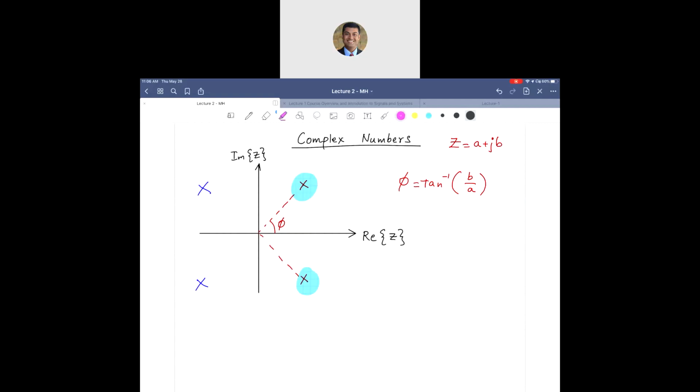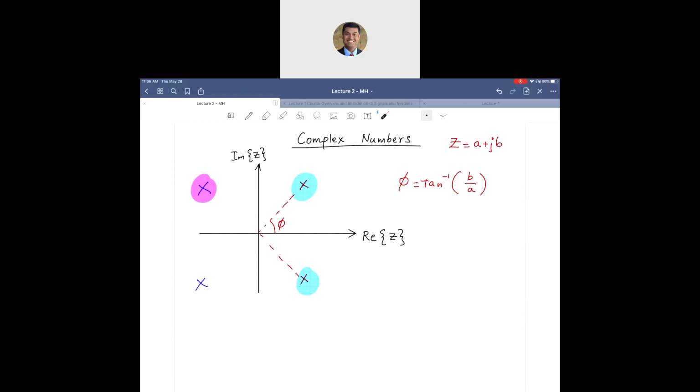But what about over here? The real part is negative, the imaginary part is positive, so you will have to add pi to your answer or subtract pi from your answer. Your calculator is not going to tell you that. The calculator is actually going to give you this answer because you just insert the numbers.